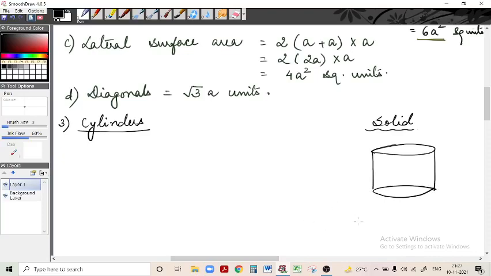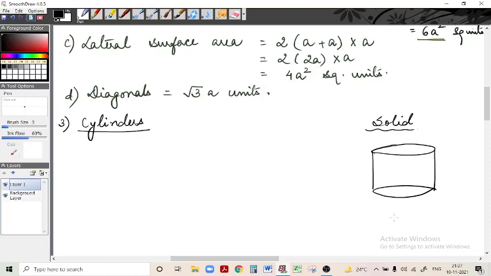You may have seen this in measuring jars, or circular pillars, circular tunnels, rollers which are used for making roads, and gas cylinders. So you have already seen such type of figures, right?